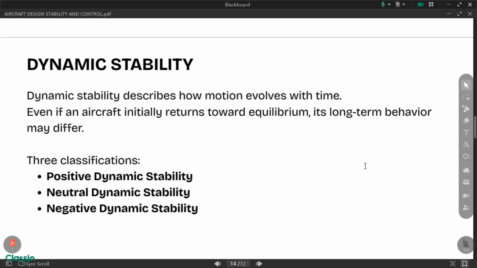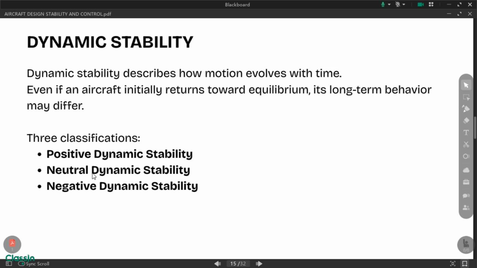Next, dynamic stability. Again, let's consider naman what happens after yung initial response. So imagine pulling an aircraft slightly nose up, okay, and then releasing yung control. What would happen is yung aircraft natin, it may begin oscillating. So the important question would be, what happens to the oscillation over time?